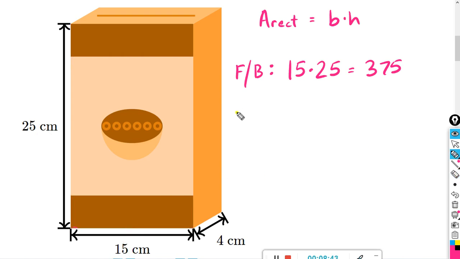All right, next up, we'll do the left and the right. We can see the height of the box is 25, so I'm just going to write in a 25 right here. So on this rectangle on the right, the base times the height, that's going to be 4 times the height right here, 25.